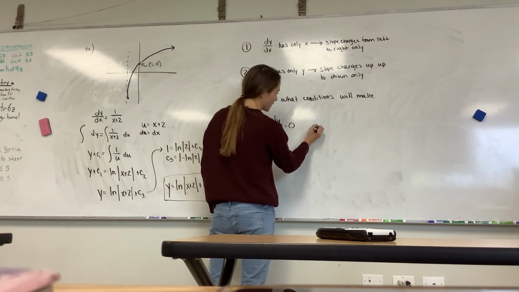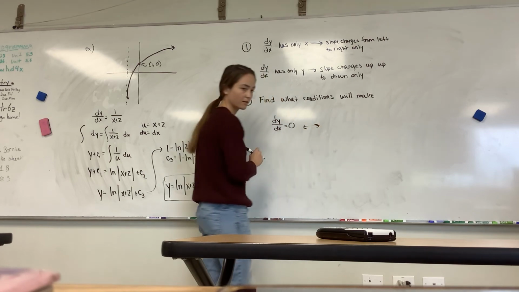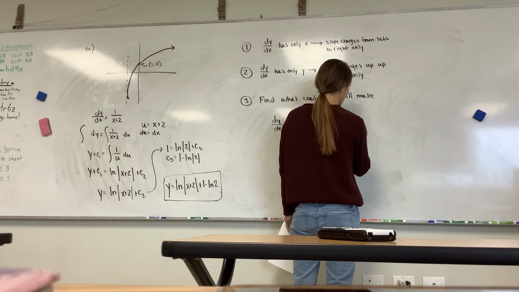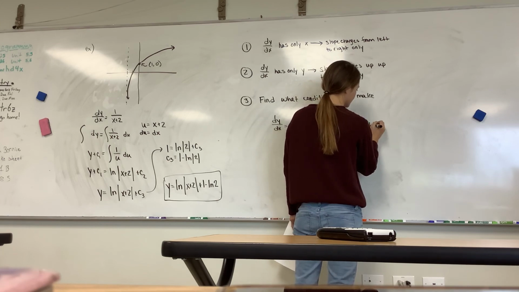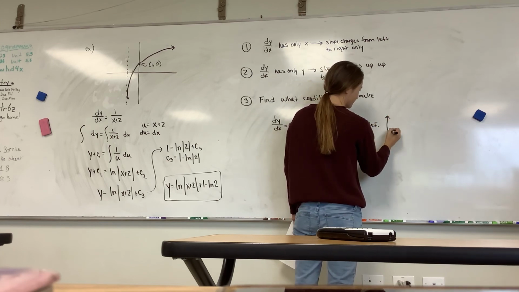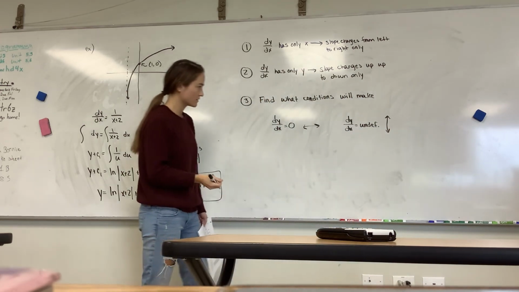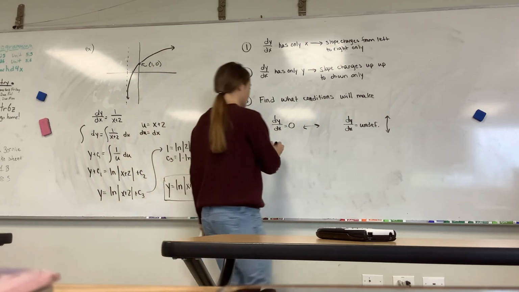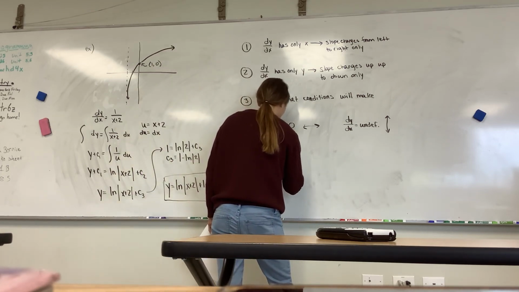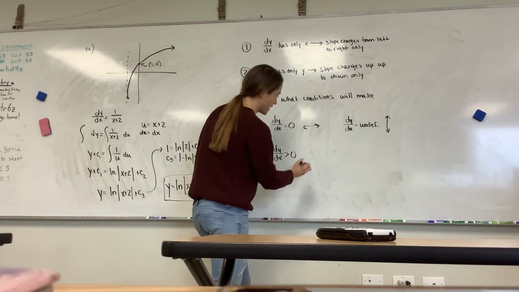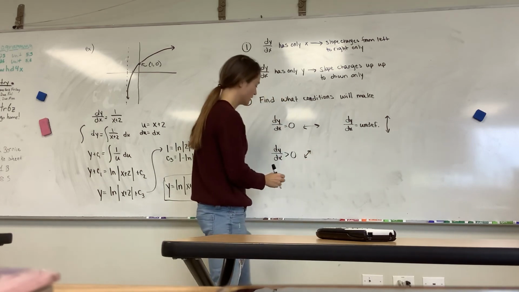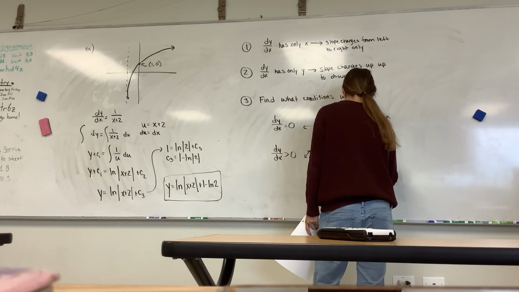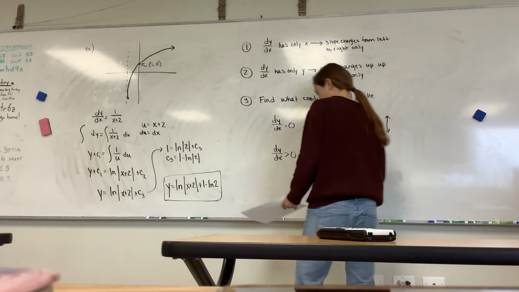So you can look for your horizontal dash marks. Are there certain x's and y's that will make dy/dx undefined? So you know that you'll have vertical tick marks there. And then you can always look for positives and negatives, right? Are there certain values for x and y where you will always have positive slopes? And are there certain values for x and y where you will always have negative slopes?